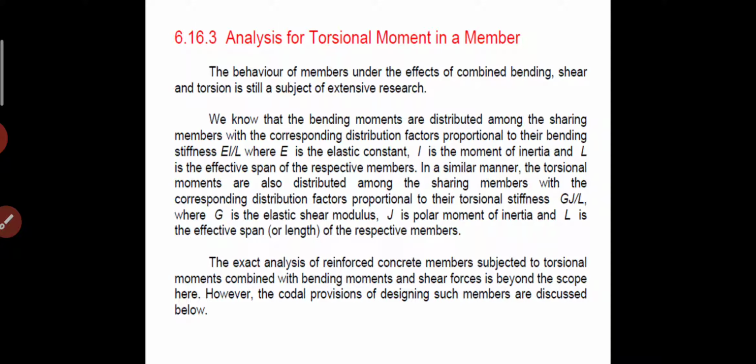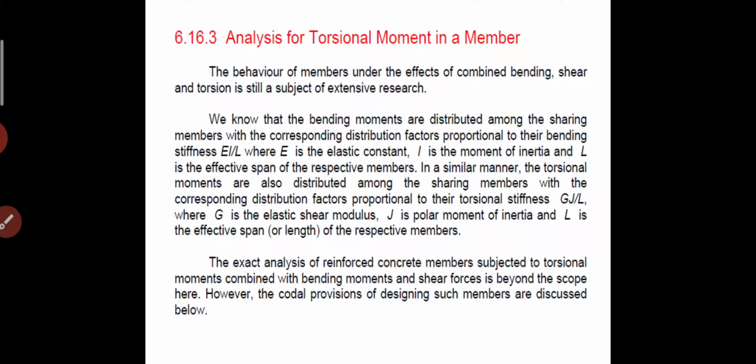This torsional stiffness we find from the torsional equation, T upon J equals tau upon r equals G theta upon L, from which we find the torsional stiffness, which is GJ upon L.